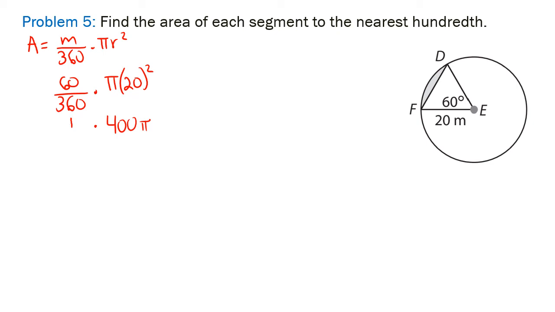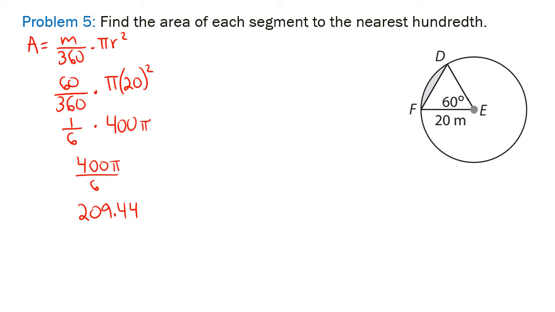It's going to give us 1/6 when we reduce by 60. So we're going to have 400 pi over 6. I'm going to type that into a calculator. Divided by 6, we're going to get 209.44 when rounded.